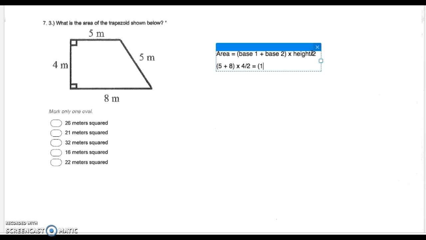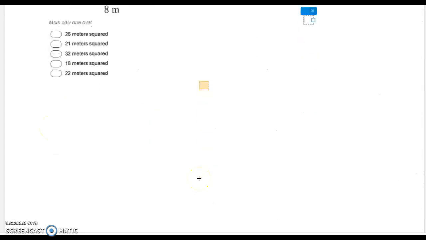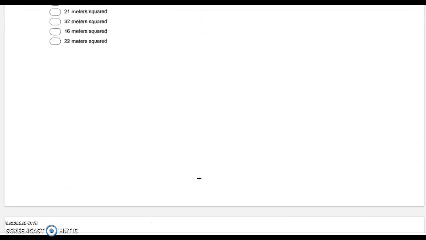So 5 plus 8 is 13 times 4 divided by 2. So we end up with 52 divided by 2, which is 26 meters squared. So that would be this one right here, 26 meters squared.